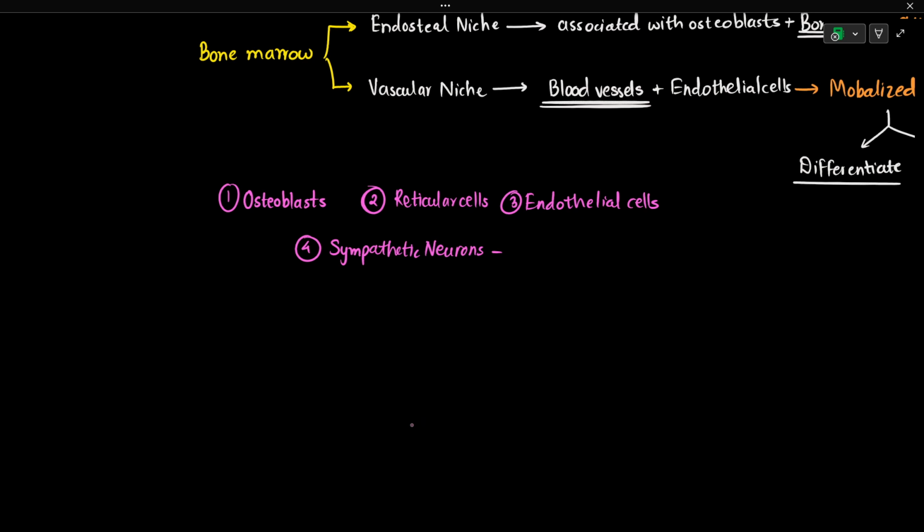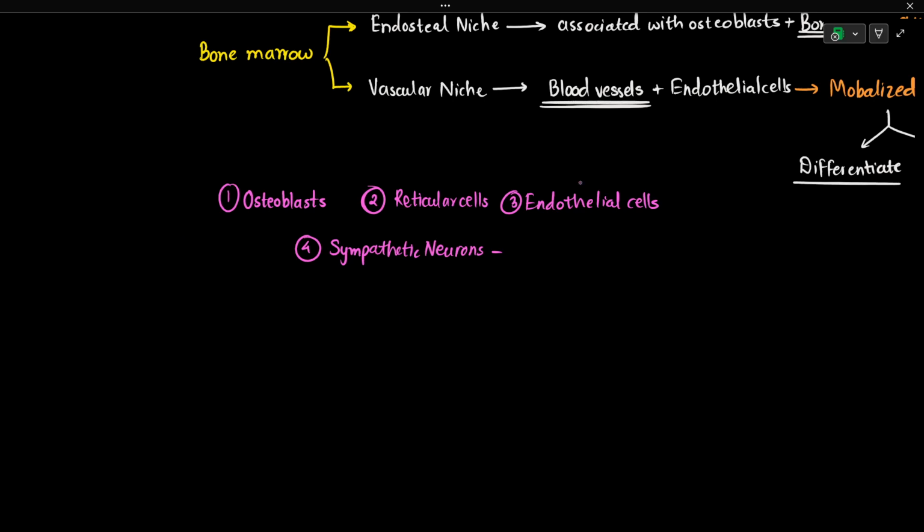They do not control the stem cells residing in bone marrow; rather, they control the hematopoietic stem cells which are released from the bone marrow into the blood. So sympathetic neurons control these mobilized hematopoietic stem cells, and support them to make their choices.